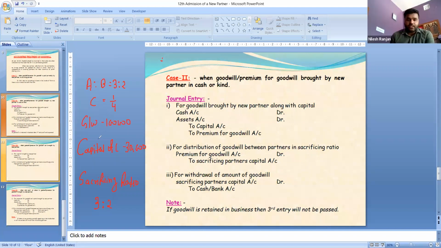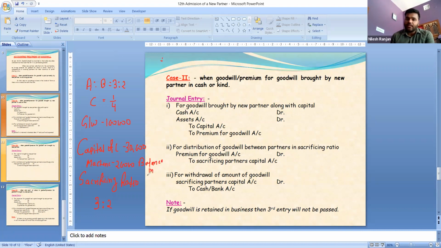C is bringing the capital of 30,000 and his share of goodwill. He has also brought a machine of 20,000 and the balance in cash.